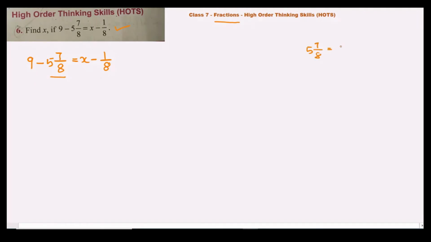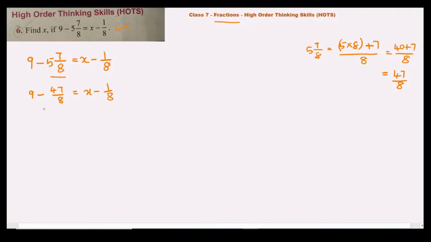This is nothing but 5 into 8 plus 7 divided by 8, that is 40 plus 7 divided by 8, which equals 47 by 8. So 9 minus 47 by 8 is equal to x minus 1 by 8.